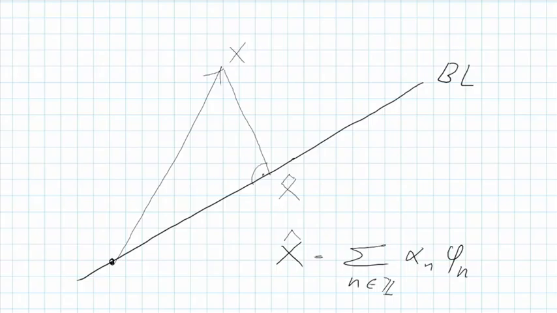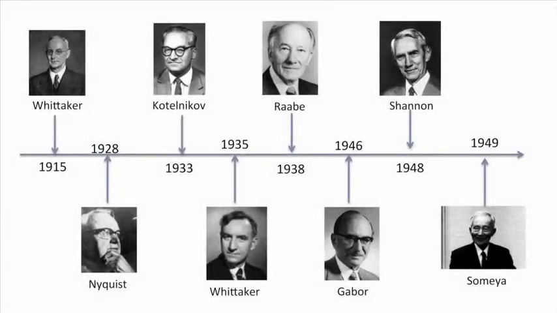Before moving to the heart of the topic, let us briefly review its history. The Shannon sampling theorem has a very interesting history, which goes back well before Shannon. Numerical analysis people were concerned about interpolating tables of functions, and the first one to prove a version of the sampling theorem was Whittaker in England in 1915.